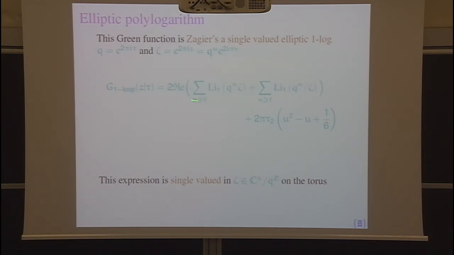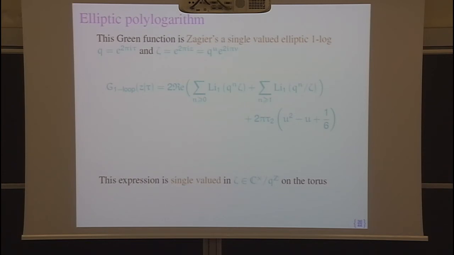I can write it as twice the real part of Li1, where Li1 is minus log of 1 minus z, so polylog 1, of q to the n zeta, plus a sum over n bigger than 1 of Li1 of q to the n divided by zeta, plus the constant term, the zero mode term, which is this Bernoulli polynomial, where q is 2i pi tau and zeta is 2i pi z.